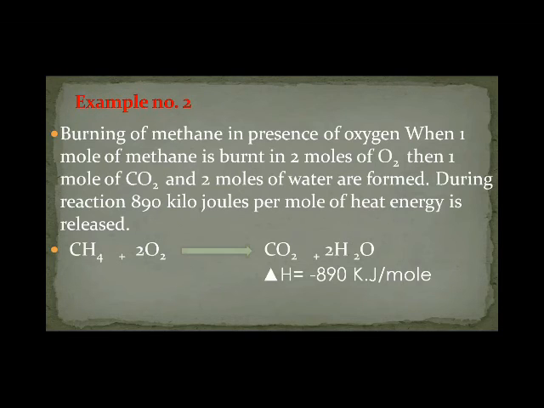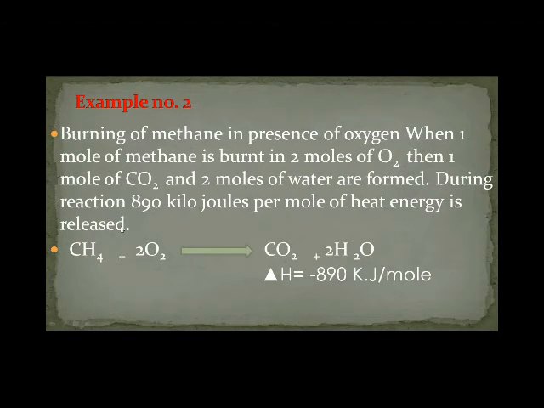Second, we have burning of methane in the presence of oxygen. Methane is an organic compound and its formula is CH4. When 1 mole of methane is burned in 2 moles of oxygen, then 1 mole of carbon dioxide and 2 moles of water are formed. During the reaction, 890 kilojoules per mole of heat energy is released.